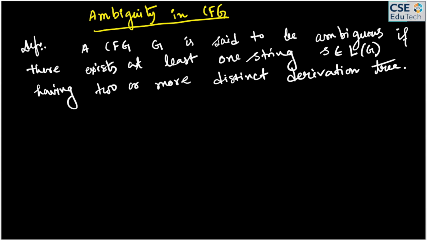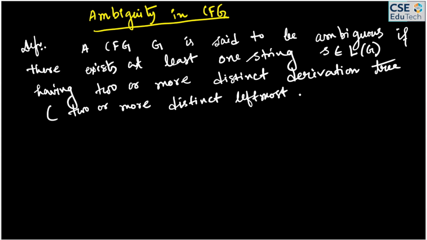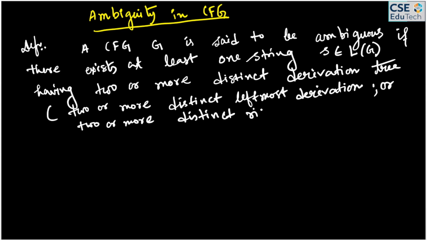That is, the meaning is that two or more distinct leftmost derivations, or two or more distinct rightmost derivations.